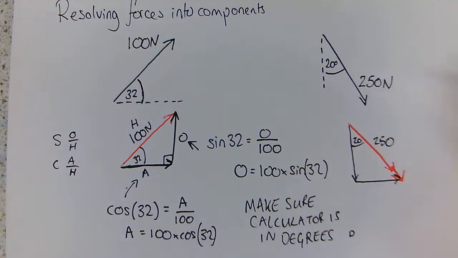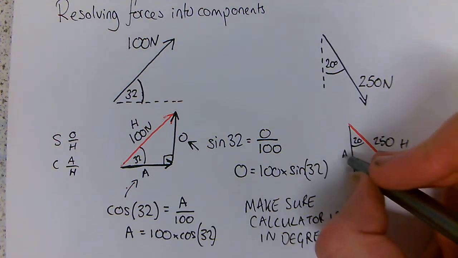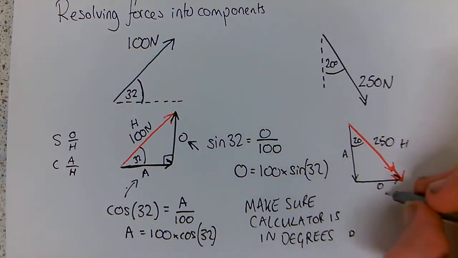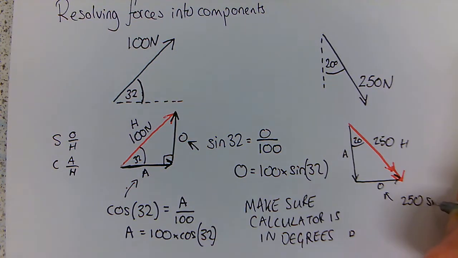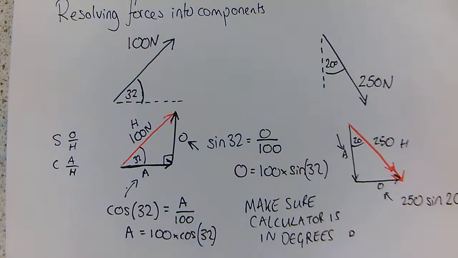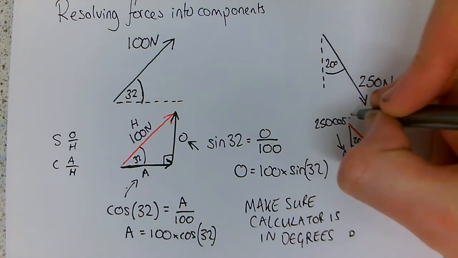Similarly to before, you can mark on your sides. This is now next to, so that would be the adjacent, that would be the opposite. You may note this bottom one here would be given by 250 sine of your angle. This vertical component would be given by 250 cosine of your angle.